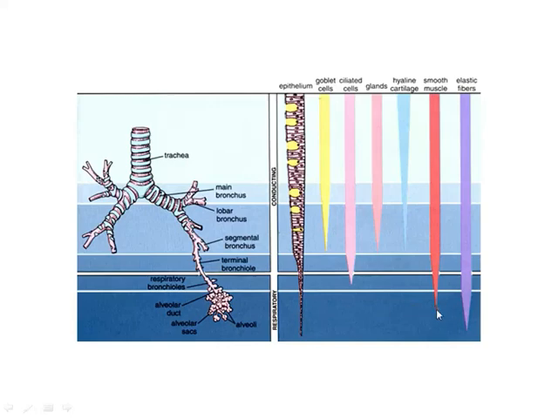You see a very small amount of smooth muscle and a very small amount of elastic fiber in this alveolus portion. So this diagram indicates the entire histology of the tracheal system, that windpipe system.